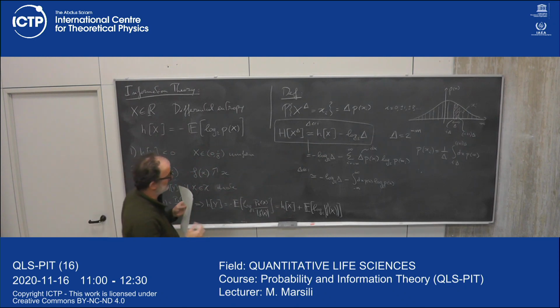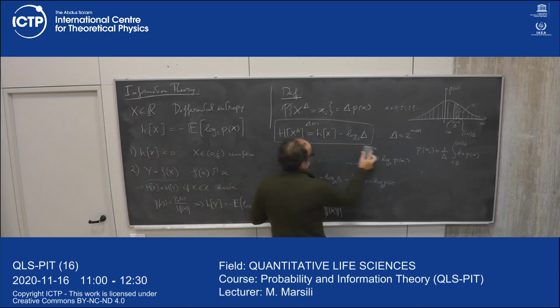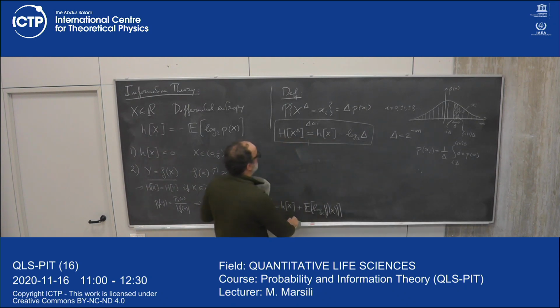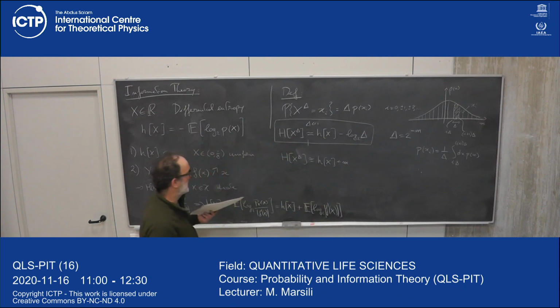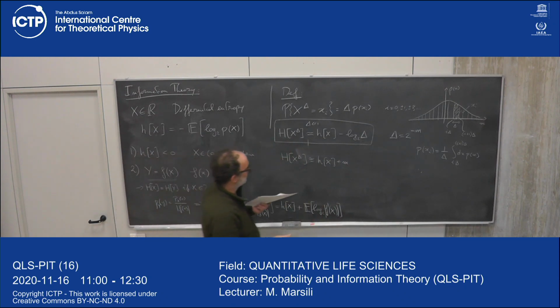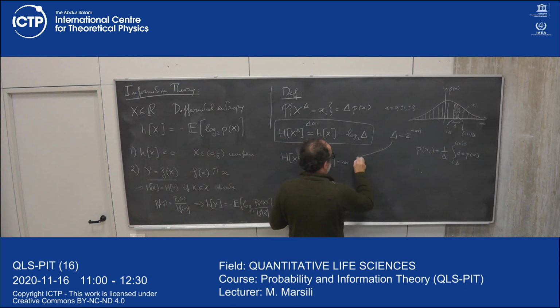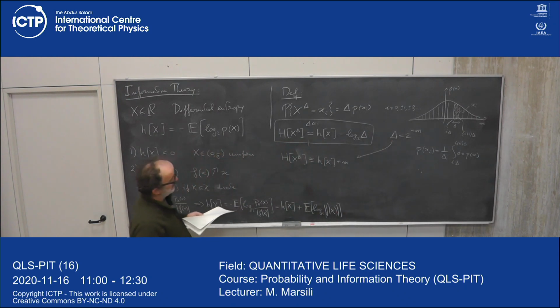If you want to know the random variable x to a precision of say m bits, then essentially the number of binary questions that you have to ask is h of x plus m, where delta is given by this.